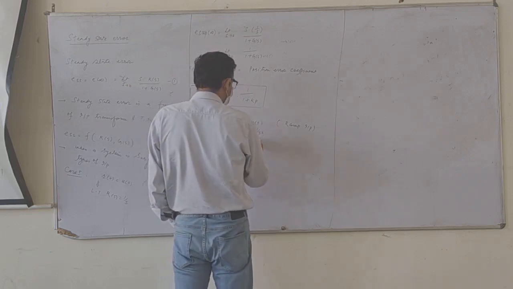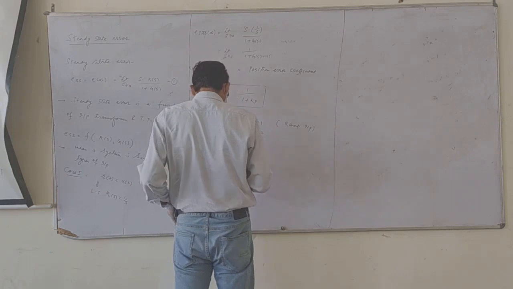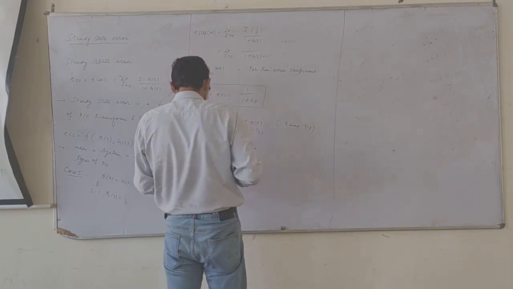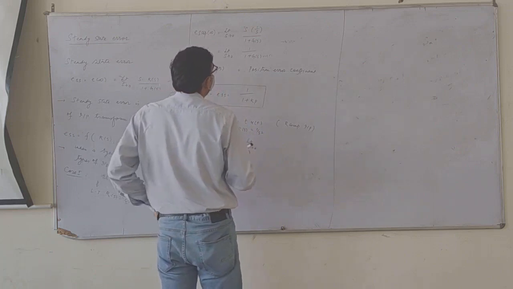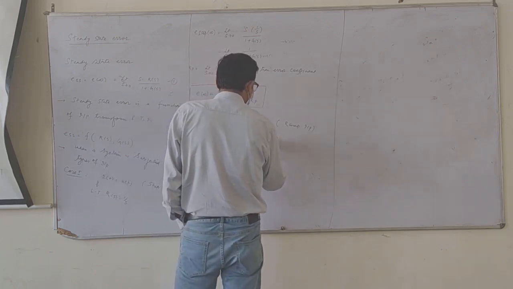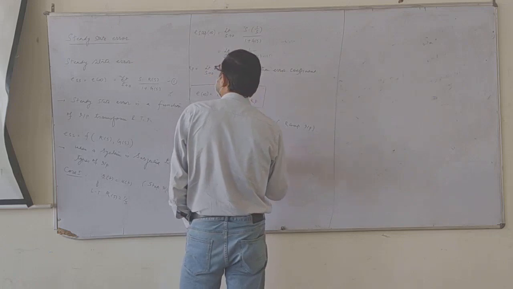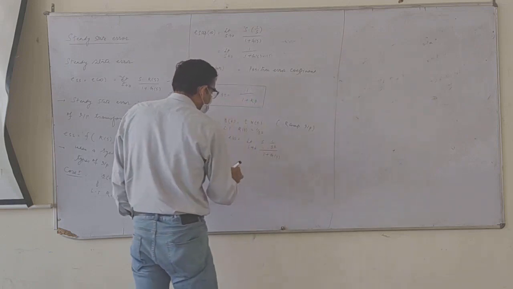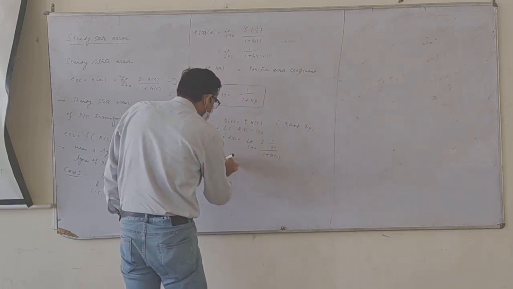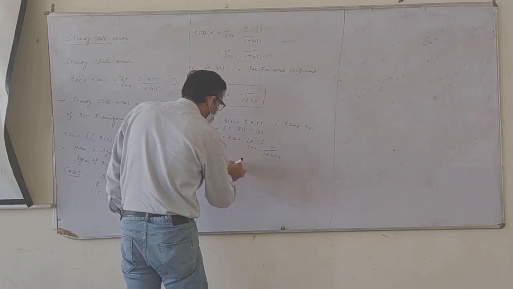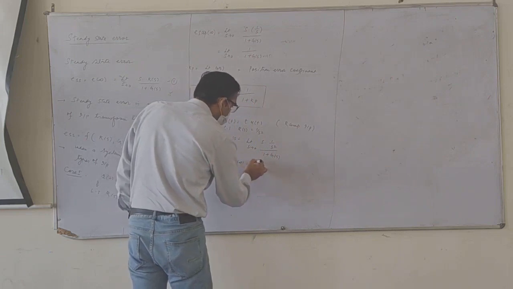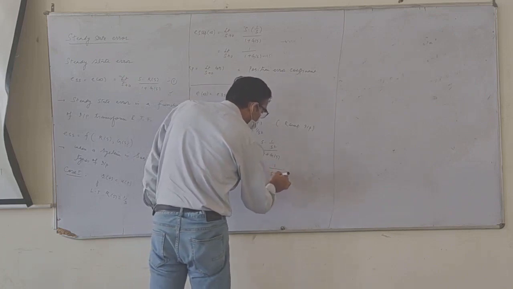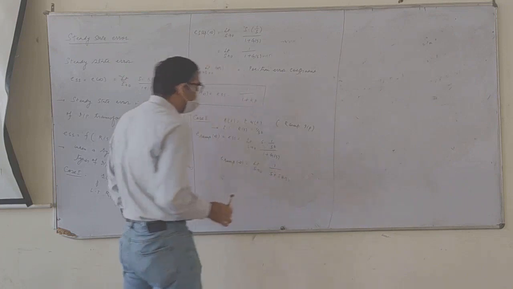So this is limit s tends to 0, s into 1 by s square divided by 1 plus G of s, and s gets cancelled. So E ramp at steady state will be limit s tends to 0 of 1 by s plus s into G of s.